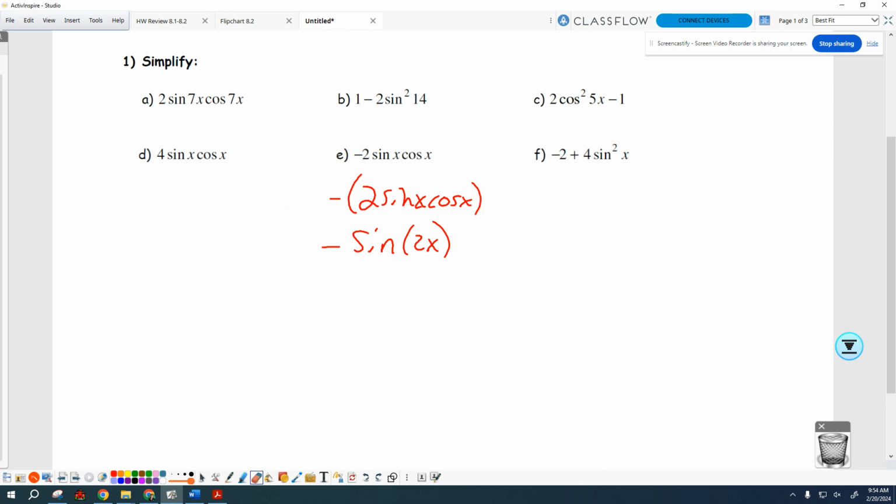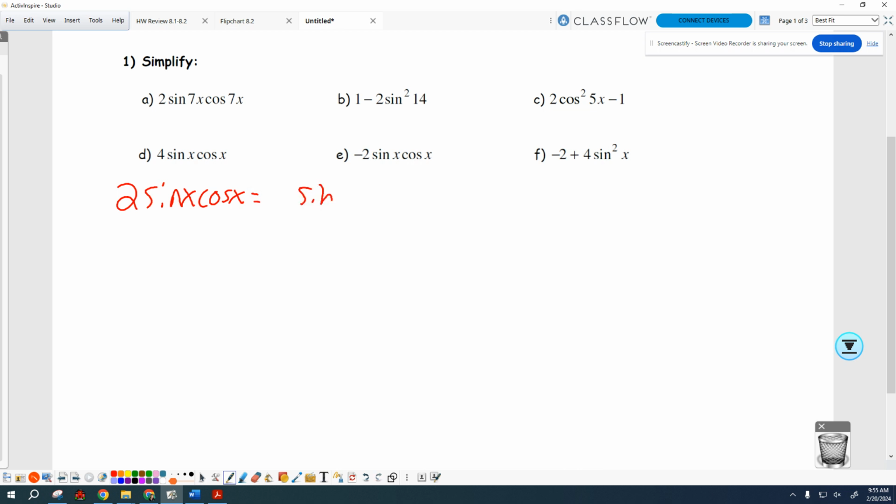So somehow, this one looks super, super close to the formula above. The formula above was 2 sine x cosine x, and what did that equal? Tycho, looking at the formula? Which one? This one, 2 sine x cosine x equals sine 2x.